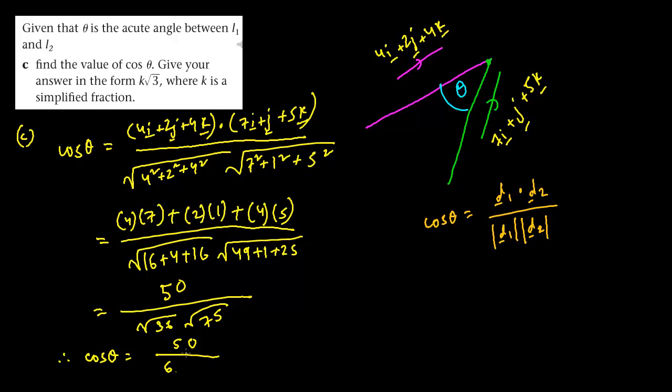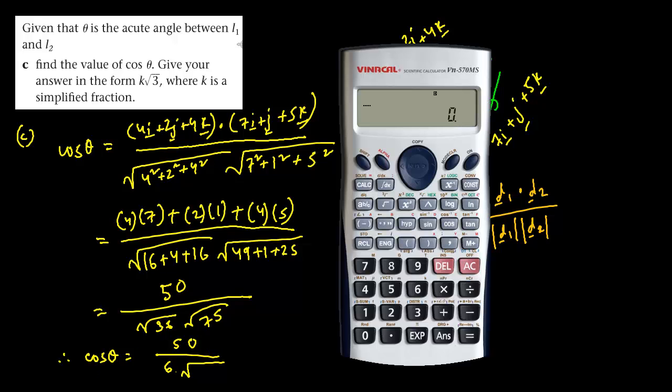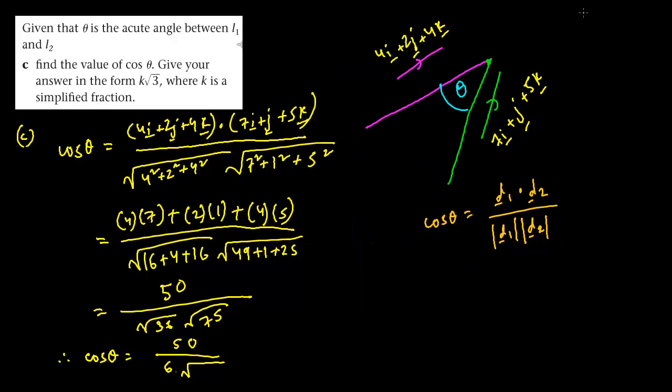Okay. So cos theta equals 50 divided by square root of 36 is 6, and 75 can be written as 25 into 3.